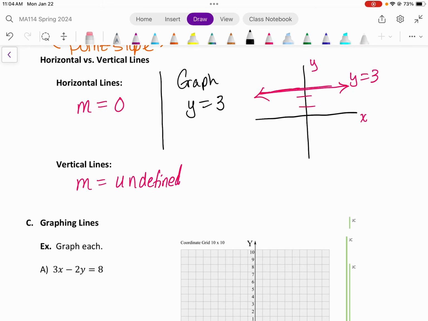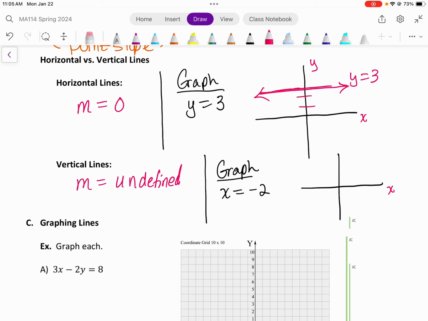If you want to graph a vertical line, it will have the equation x equals a number, so let's say x equals -2. Then you will be crossing the x-axis here at -2. So there is x equals -2.